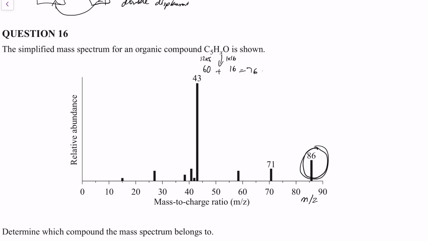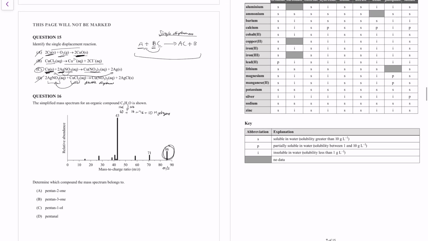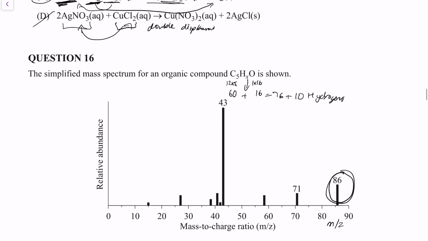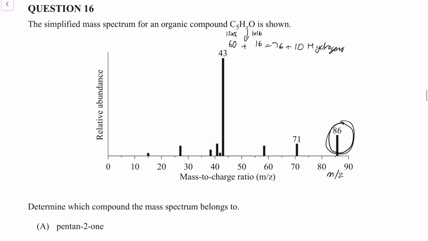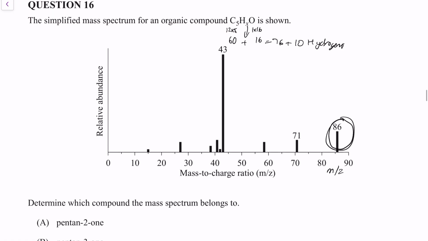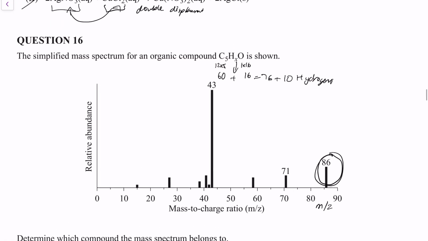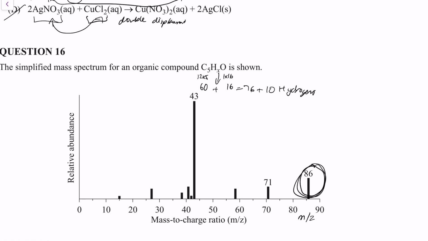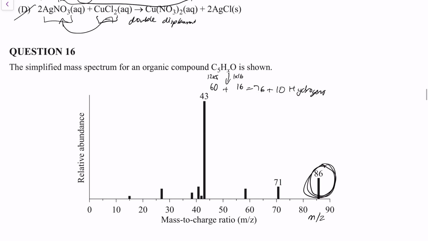It's going to be plus 10 hydrogens, because we know that the mass of one hydrogen is 1, so simply adding the difference between the total we want and how many carbons and oxygens we have. We know that there'll be 10 of the mass left over, so that will be the 10 hydrogens left over as well.